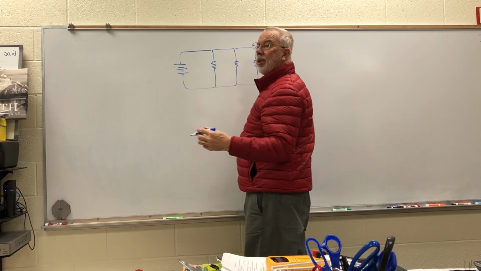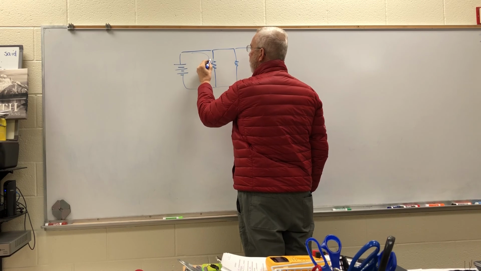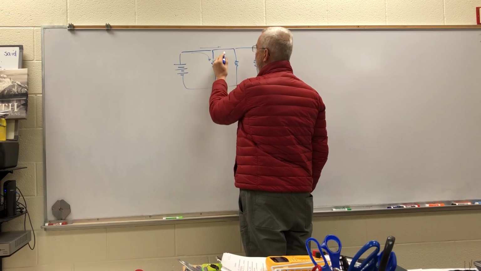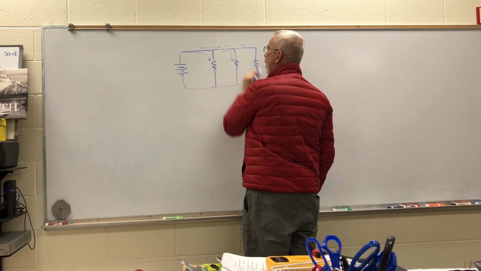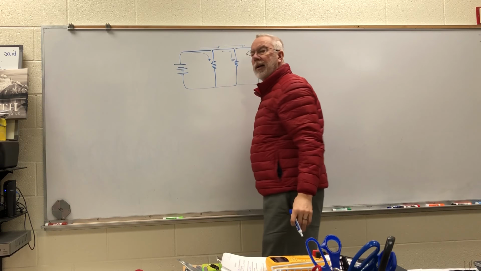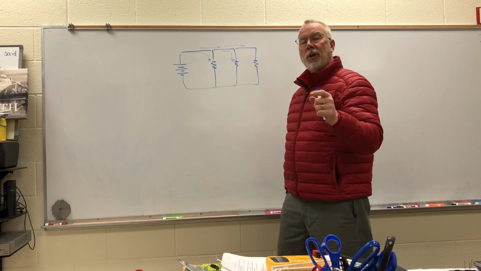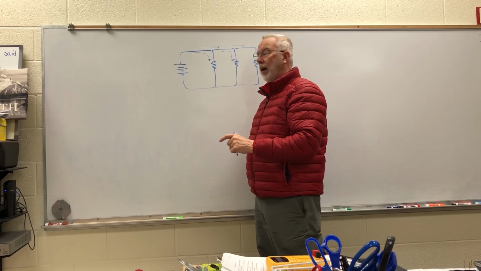When we were looking at the series, there was only one pathway, but you can see that the electrons can go this way or they can go this way. They could go this way or they could go this way. And again, they come back together down here at the bottom to go back in at the bottom of the battery. And so parallel circuits have more than one pathway.